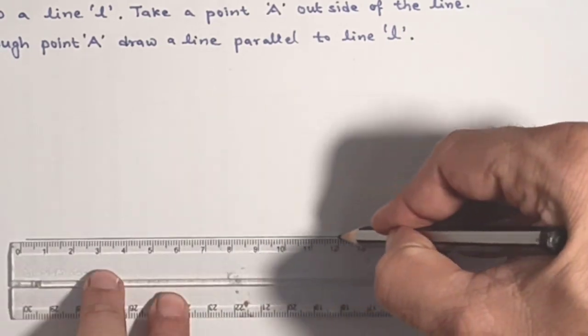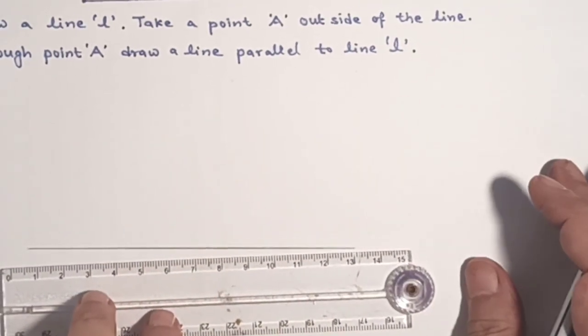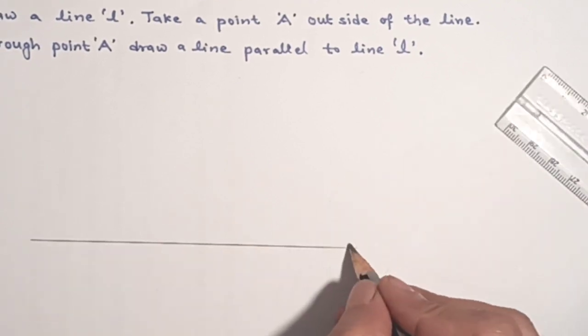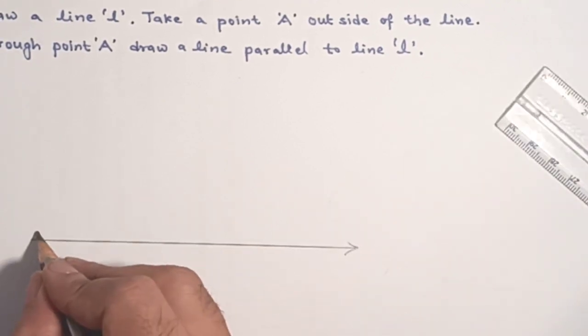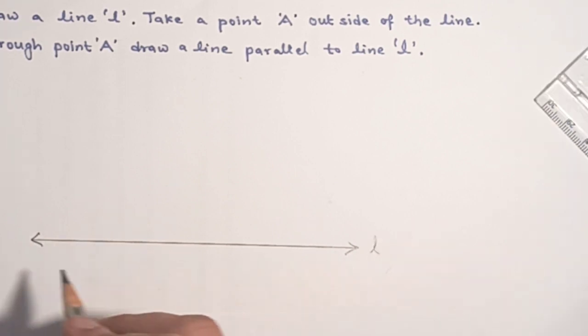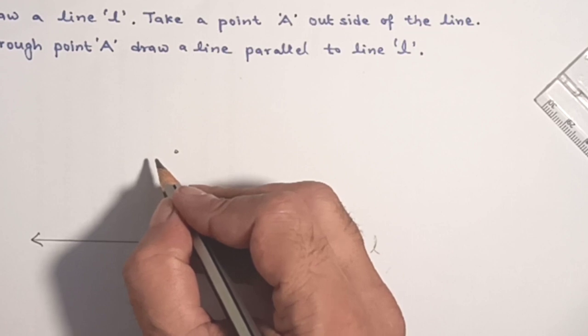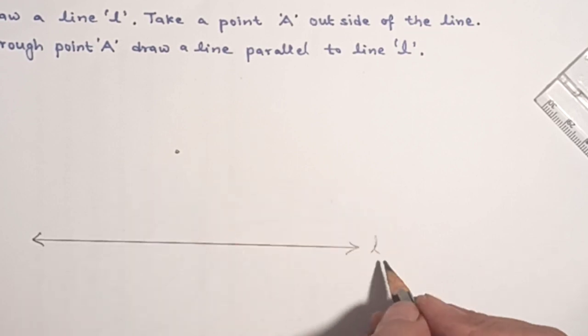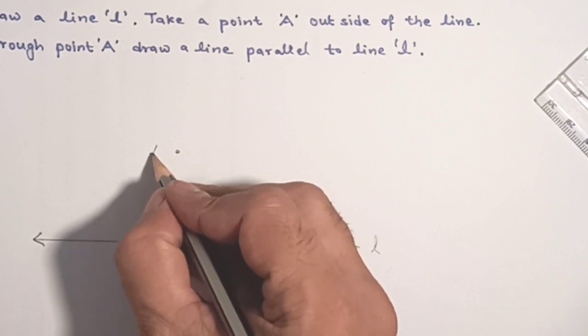So you can draw any line L. This line L. Use pencil to draw a line. Take point A outside the given line L. Mark it as A.